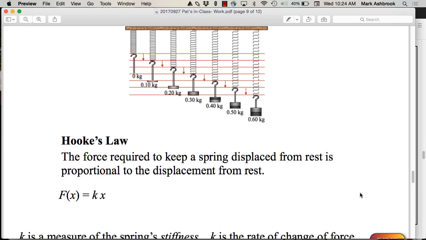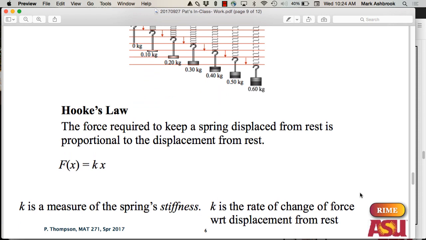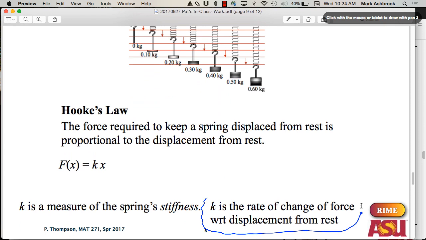All right, so then k is the rate of change of force with respect to displacement. So if k is the rate of change of force with respect to displacement, how can we define this value k, going back to our broad meaning for rate of change? This is one of our big themes at the beginning, and we've tried to keep it going.